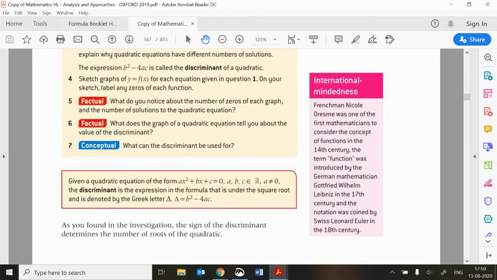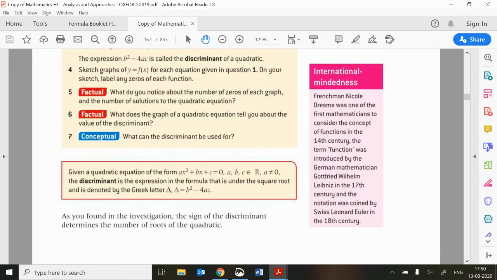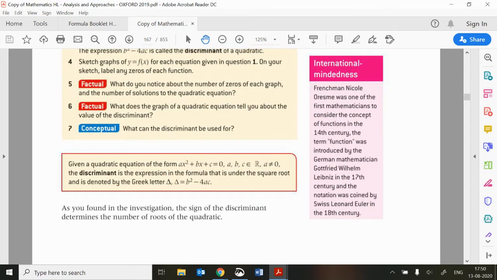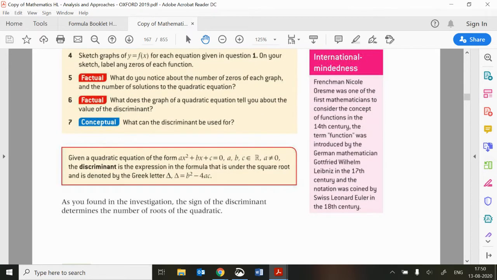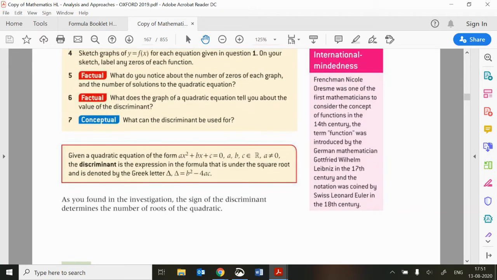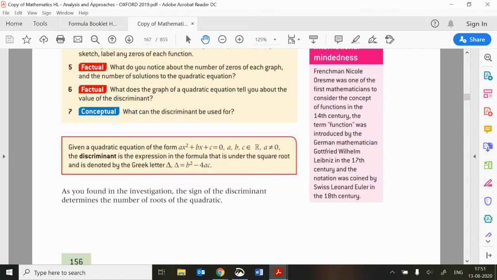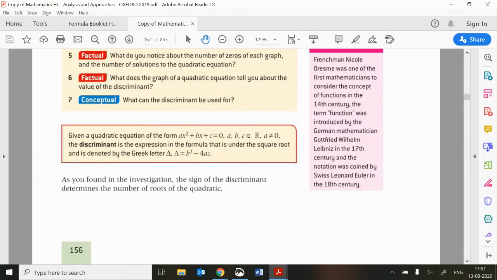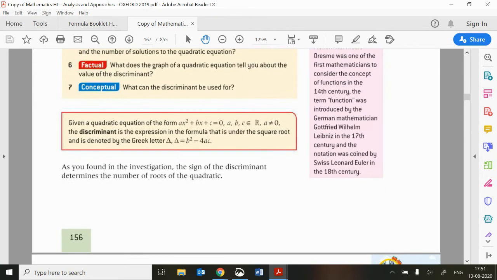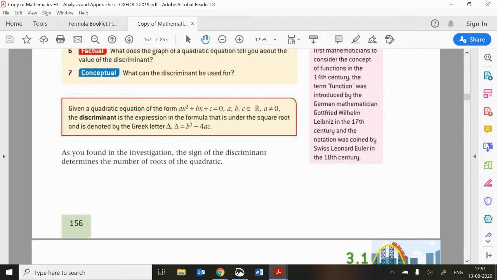Just a bit on the international mindedness here, or essentially the history of maths. Frenchman Nicole Oresme was one of the first mathematicians to consider the concept of functions in the 14th century. The function was introduced by the German mathematician Leibniz in the 17th century, and the notation was coined by Swiss Leonhard Euler in the 18th century.